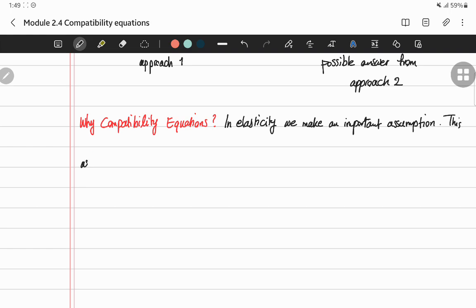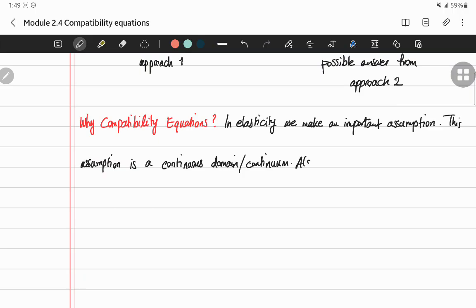This assumption is basically a continuous domain or continuum. You're dealing with a continuum.